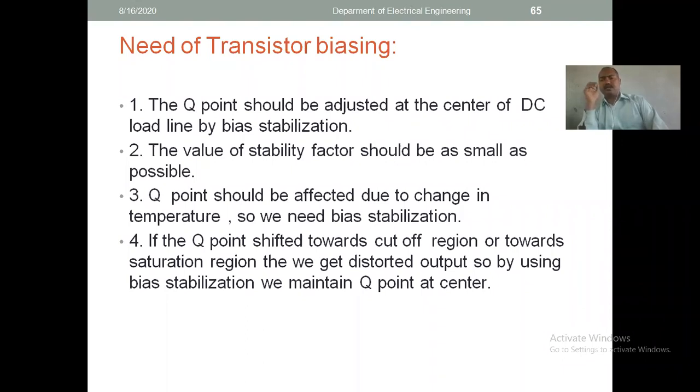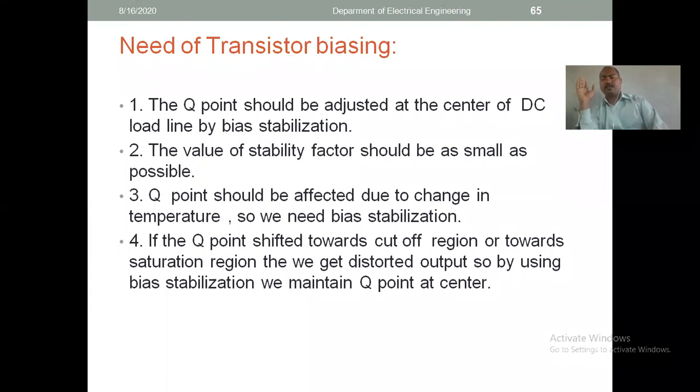But due to some reason, either temperature change or any other reason, the point shifts downward towards the cutoff region or upward towards the saturation region. So the signal that should be amplified becomes noisy, and we get noisy output, because the whole signal is not coming at the output. That's why we are required to maintain the Q point.